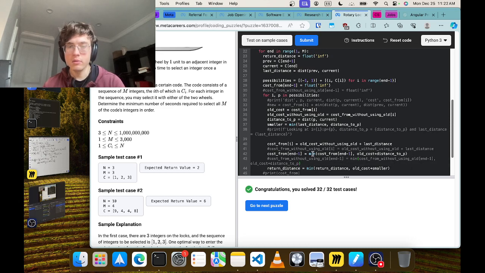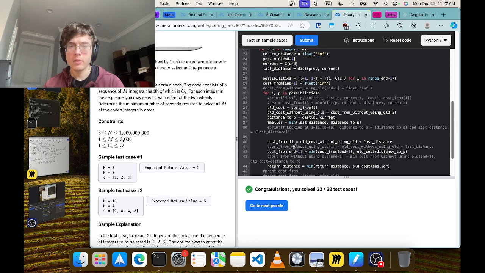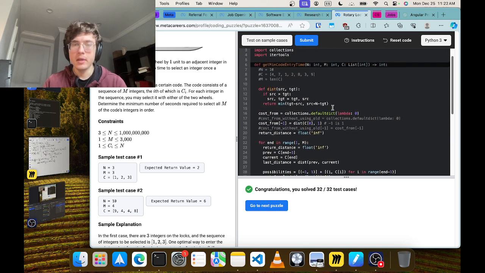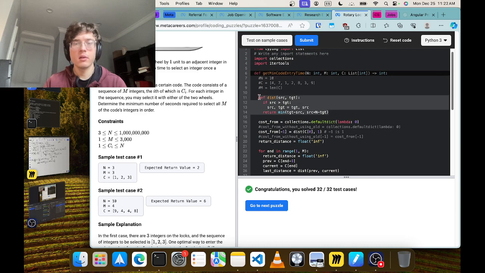So here's the minimum that I told you, where I replace cost from i with something that comes from cost of i, and then here I find the minimum by minimizing with itself. And then here's my distance function, also important because we need a good way to measure the distance between two targets.